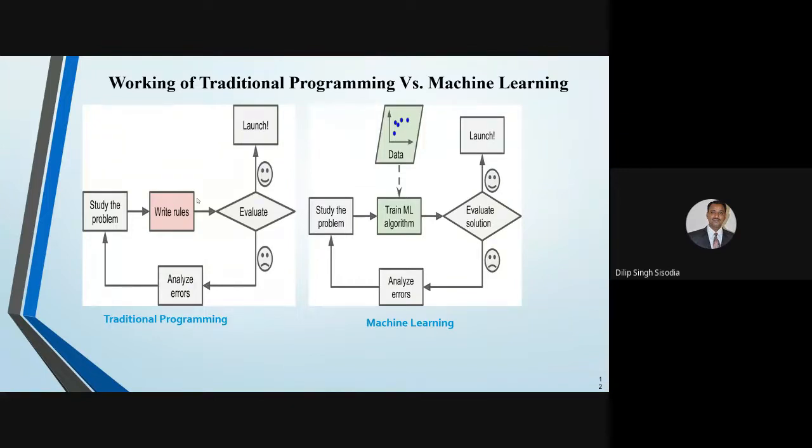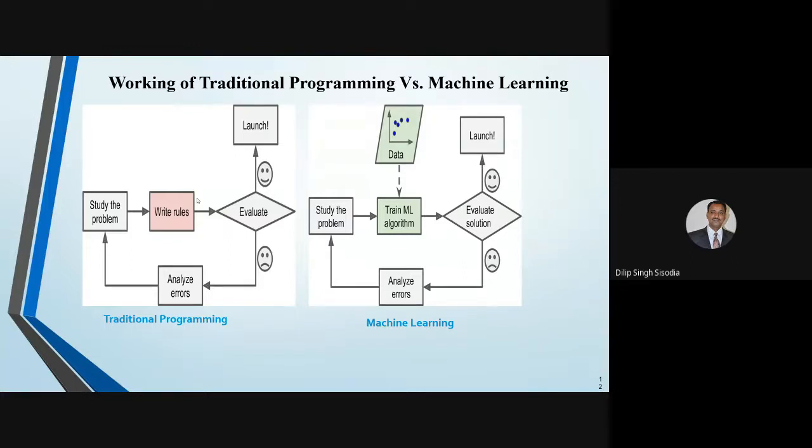In both ways, whether it is the traditional way of solving the problem or the machine learning way, first we have to study the problem and learn about the domain. Suppose we want to diagnose a disease, then we must be aware of the symptoms and which feature denotes which disease.